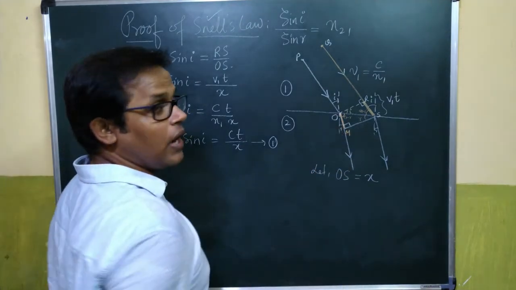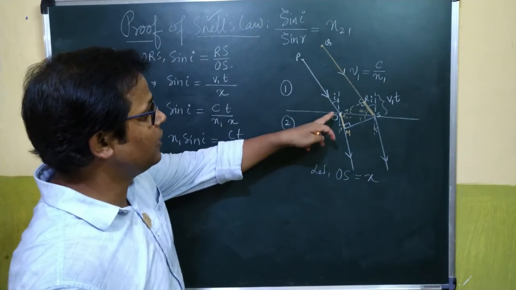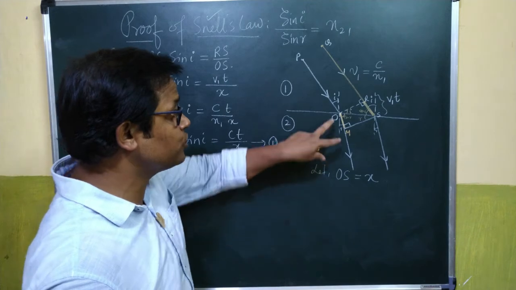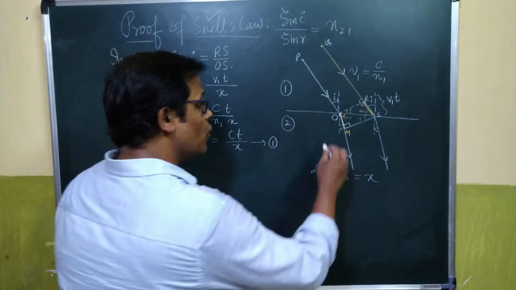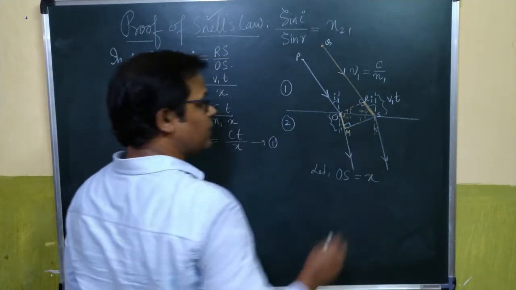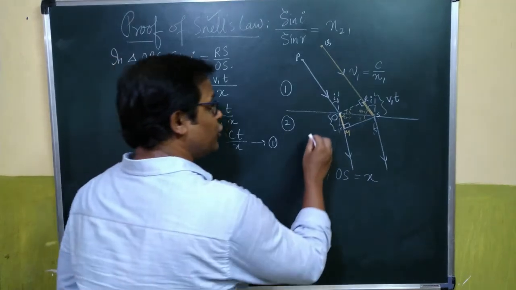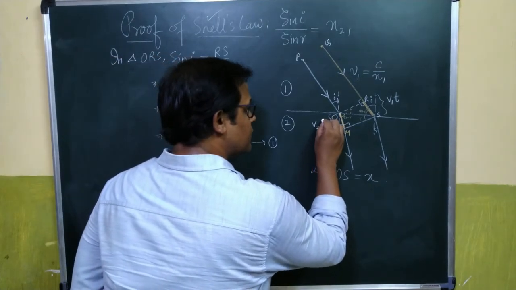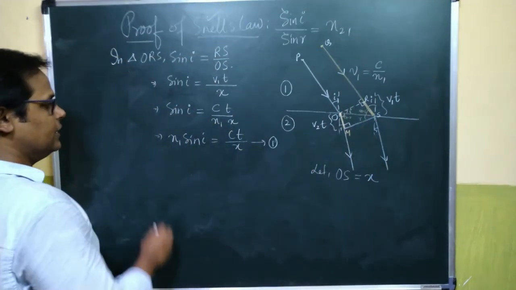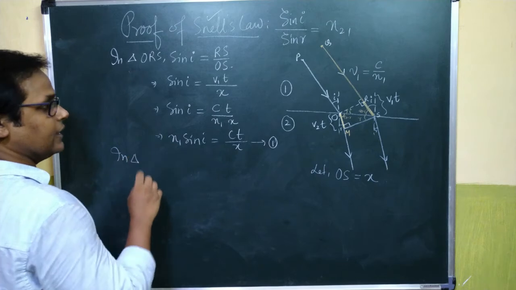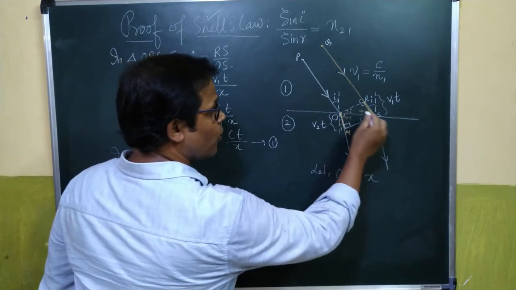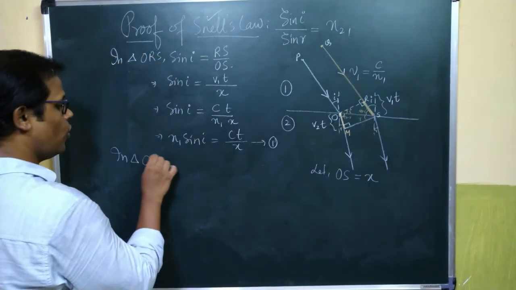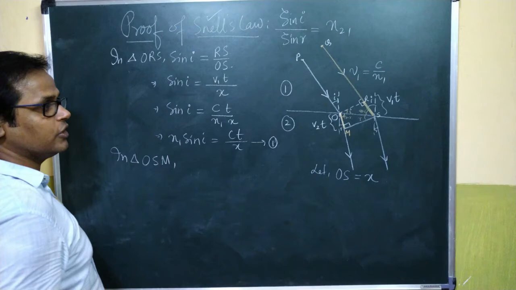So in the meanwhile, the ray of light P also has moved into medium 2, traveling and covering a distance of OM. So definitely in this medium the speed of light might have reduced. So let us say the distance covered is V2T. So in the triangle, what is the new triangle we have? OSM. OSM, yeah, sounding good.